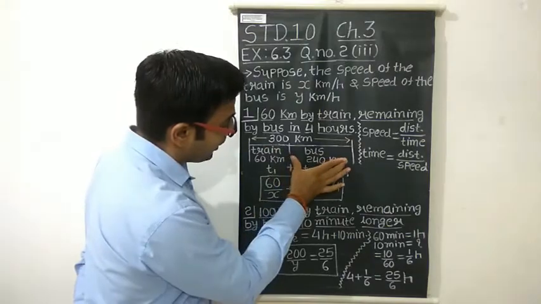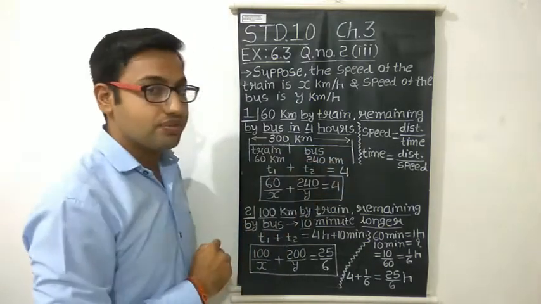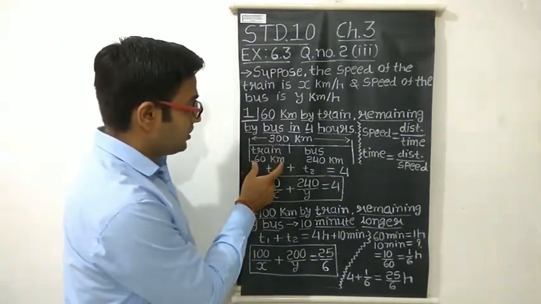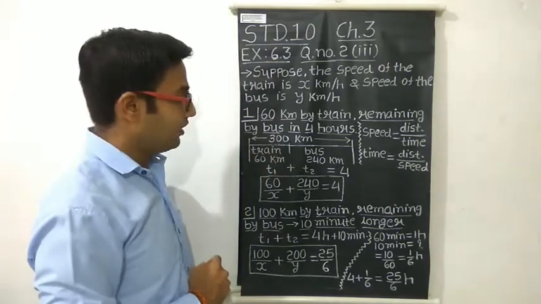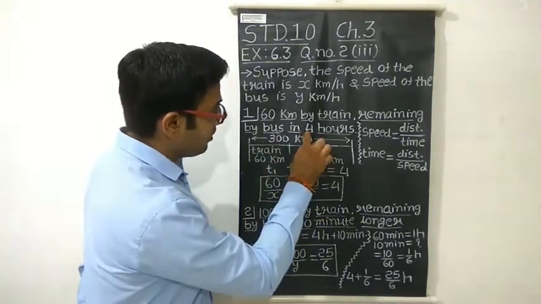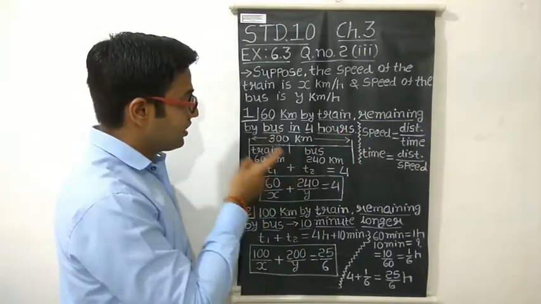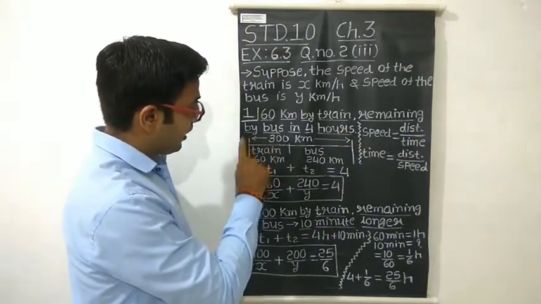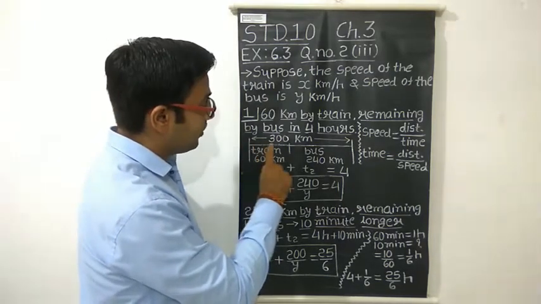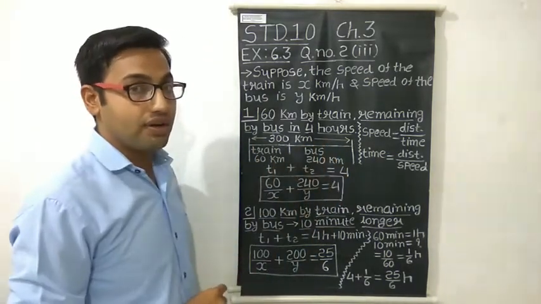So this 240 km distance is travelled by bus. First 60 km distance is travelled by train, right? And the time given is 4 hours. In 4 hours, she completes the total travelling from 0 km to 300 km.